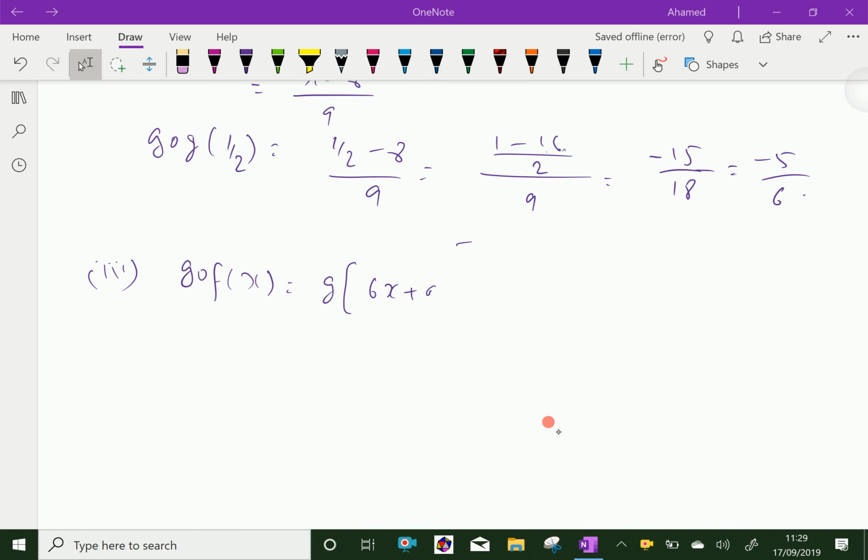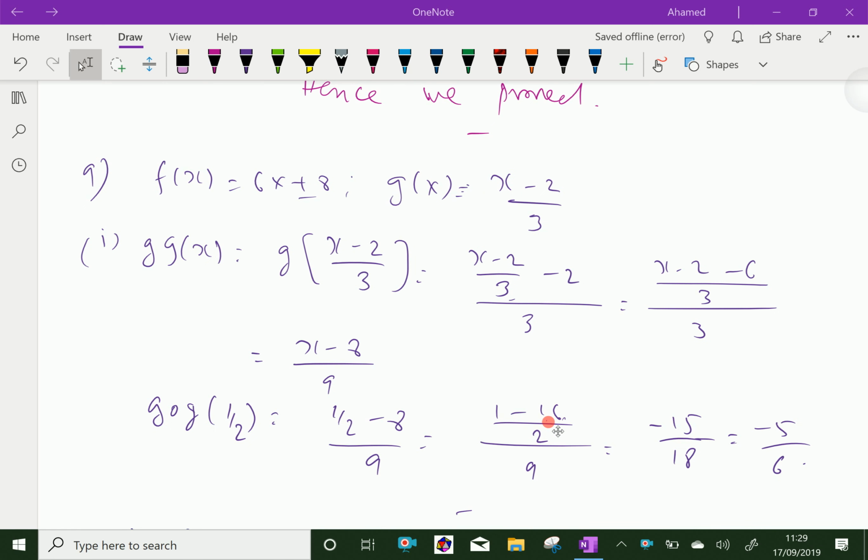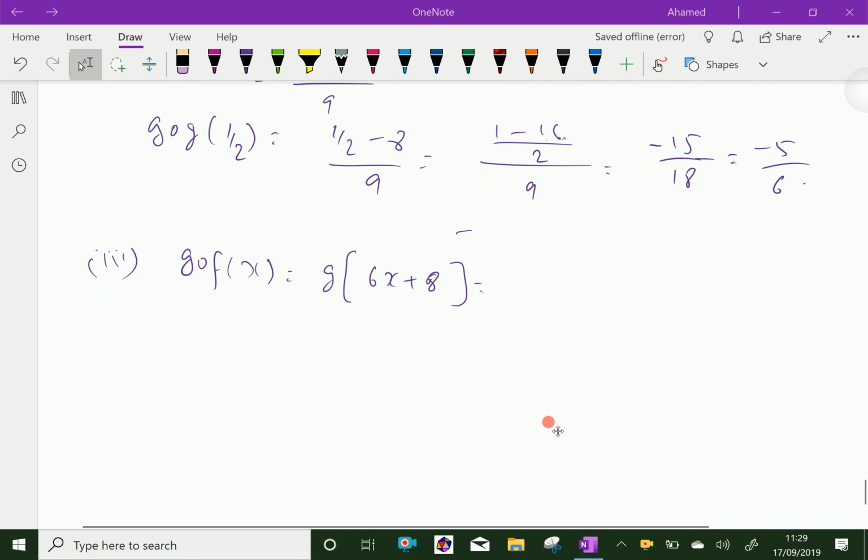Then apply g. We have g as x minus 2 over 3, and we have to substitute 6x plus 8 in the function g.